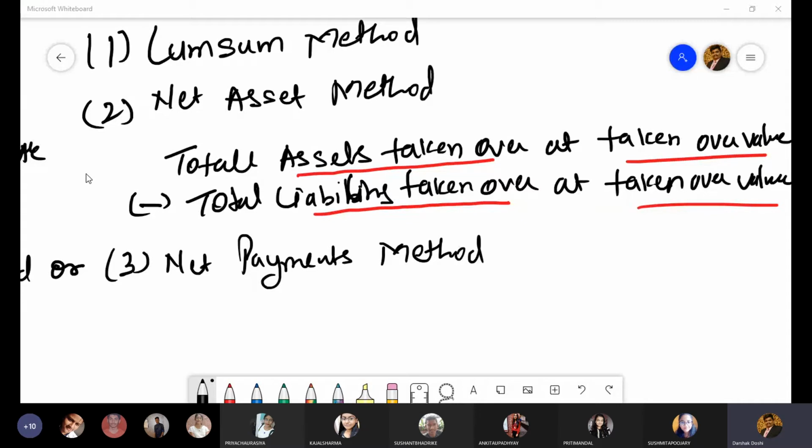The set of entries will remain the same. But when we are writing down in the books of purchasing company, then the set of entries will change, depending on whether the amalgamation is in the nature of merger or whether the amalgamation is in the nature of purchase.